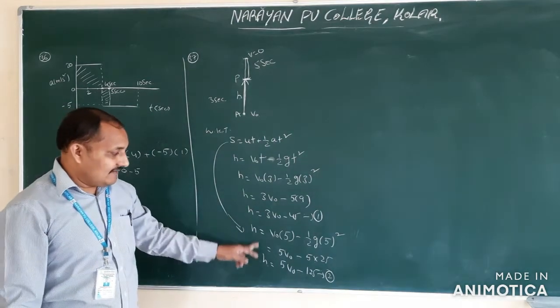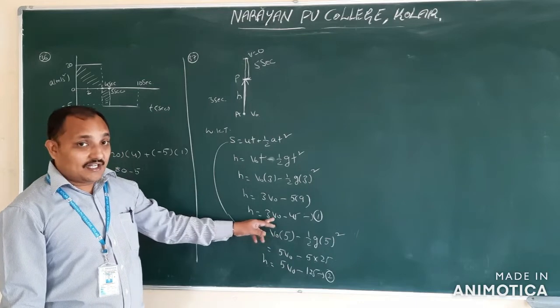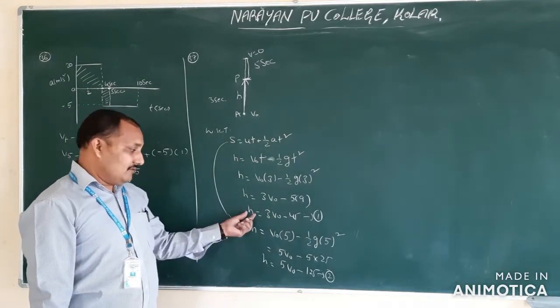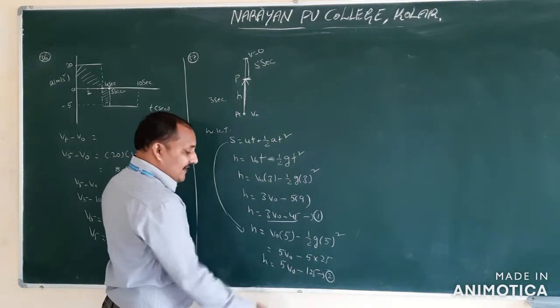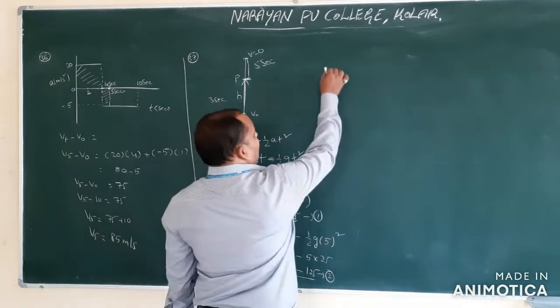So here the left-hand sides are equal. Therefore you can equate these two because we want V0. Depending on the situation, what we have to find, either addition or equating we will do. So here we have to equate. Therefore 3V0 minus 45 is equal to 5V0 minus 125, because we have to find V0.